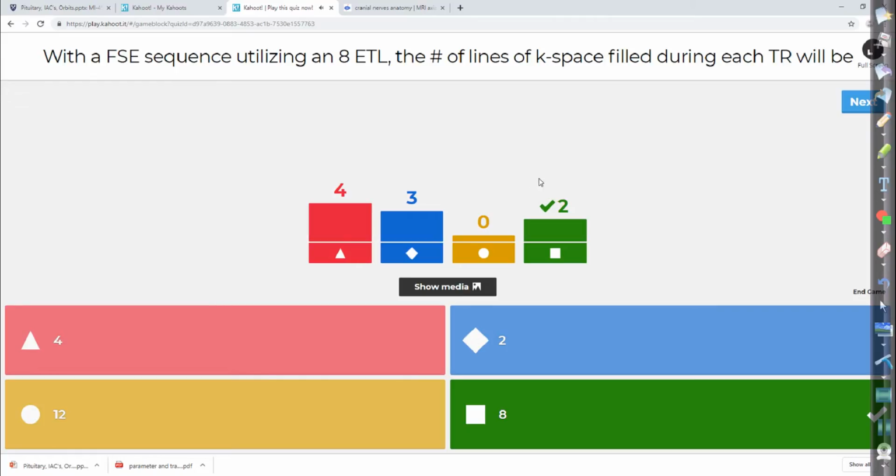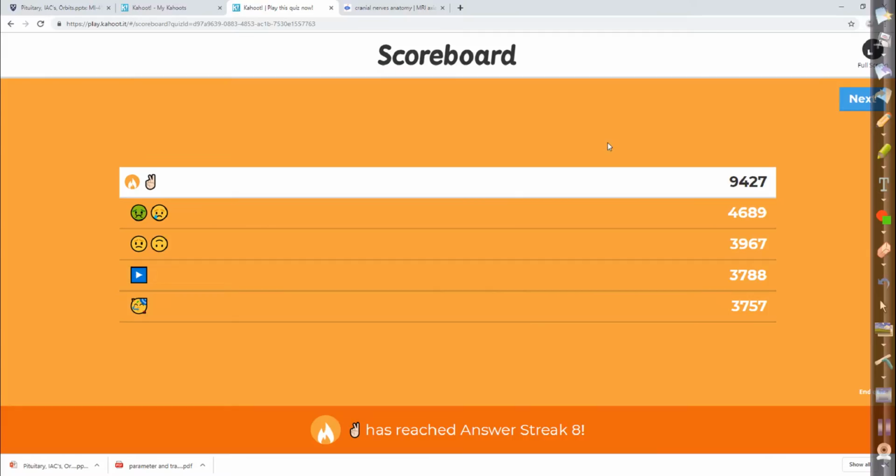There's no need to like divide it or anything. Just 8. Echo train length fills 8 lines of K space. It's going to be 8 times faster.